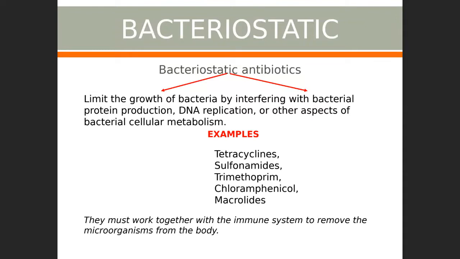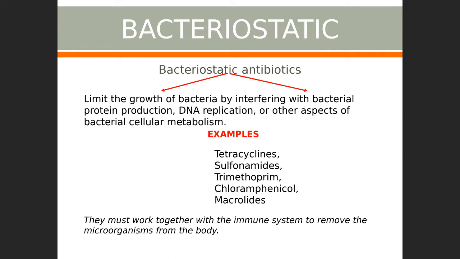So they act on the protein production of the bacteria, they target the DNA of the bacteria, and they also target the ribosomes of the bacteria and other metabolic processes of the bacteria. So they basically enter inside the bacteria and then act in the cytoplasm of the bacteria.